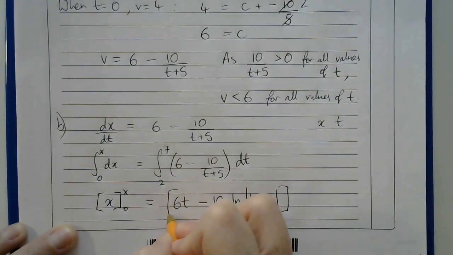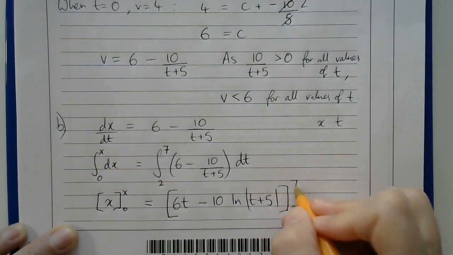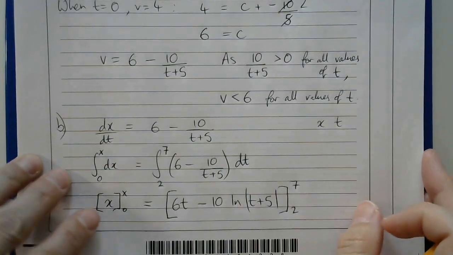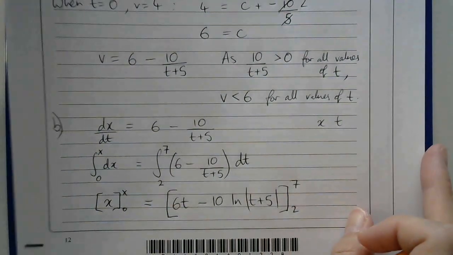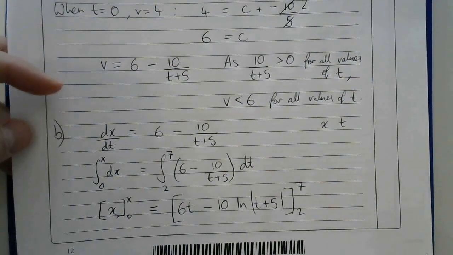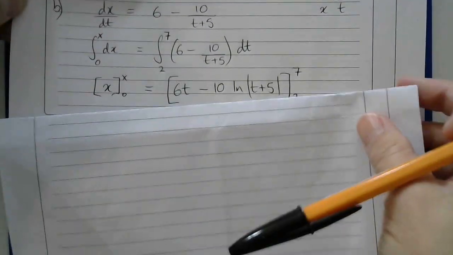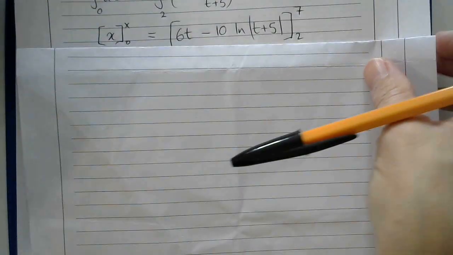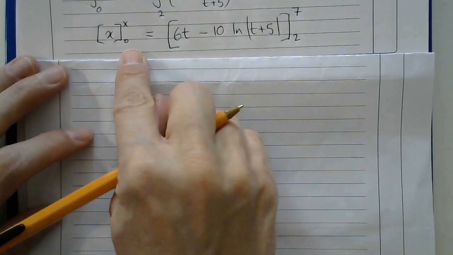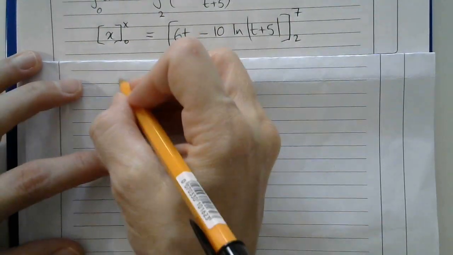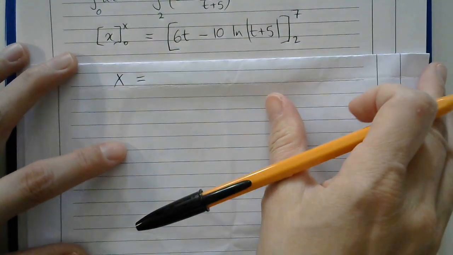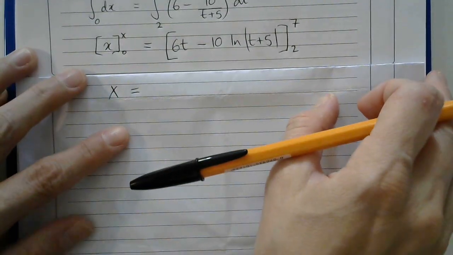And then I need to evaluate that from 2 to 7. Okay, so popping in the value of x and taking away the value of 0 here, I just get x, this displacement that I'm looking for.